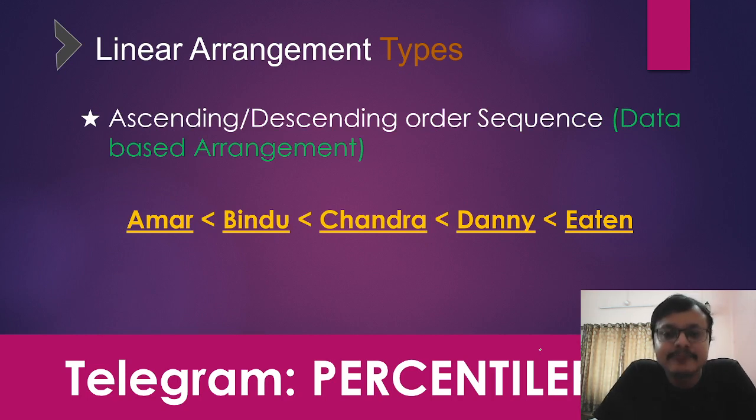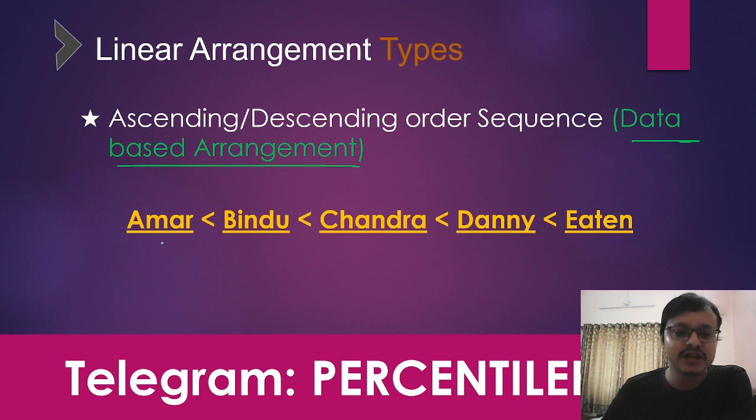The next type of linear arrangement is one which is a data-based arrangement. So let us look at one such set. Here, as you can see, you have 5 people: Amar, Bindu, Chandra, Danny, and Yatin. Let's say they are arranged on the basis of their salary.